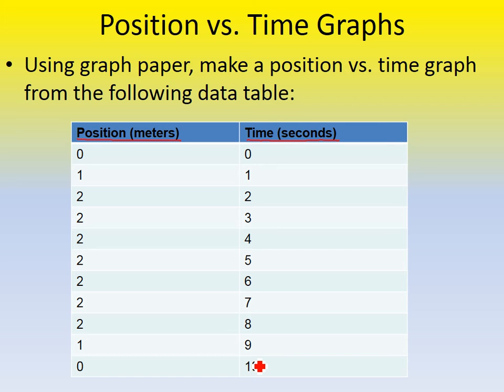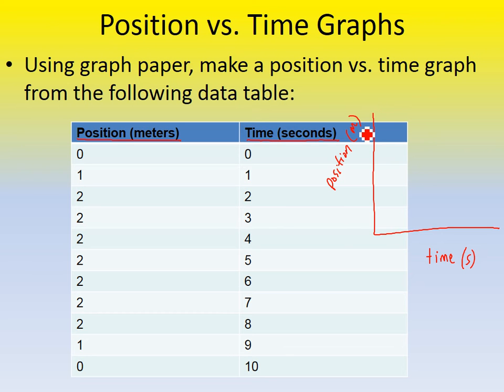Okay, so for you guys that are here in the classroom, here's how I would do it. You've got your axes here. We've got position on the Y and time on your X. Let's also put the units. The units for time is seconds, and the units for position were meters.